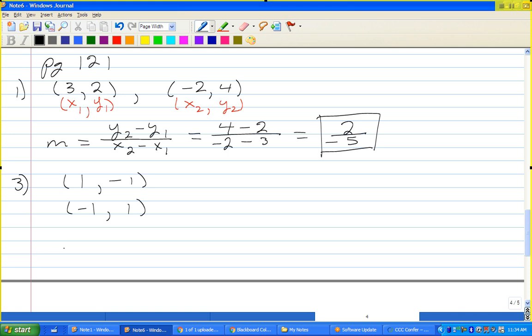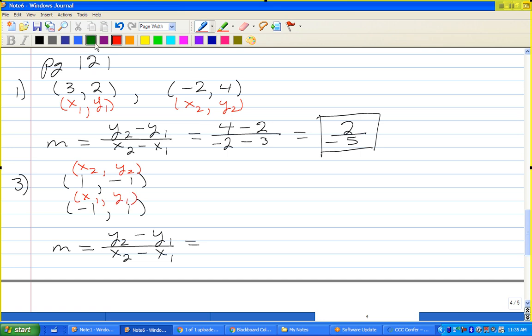Okay, so the slope is equal to y2 minus y1 over x2 minus x1. Let me call this x2, y2, and call this x1, y1.